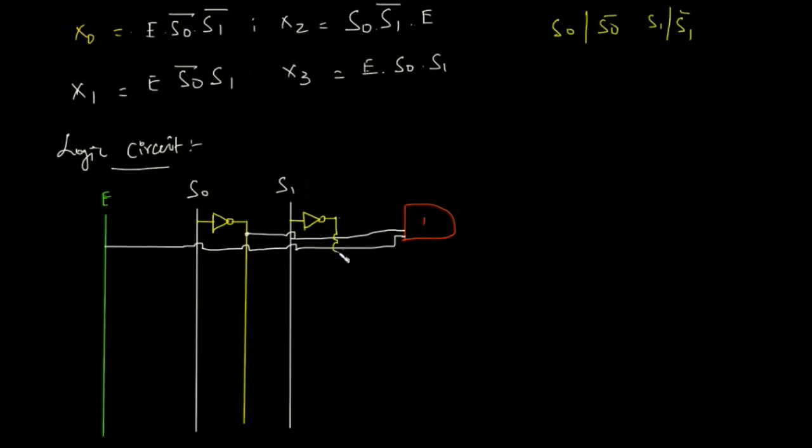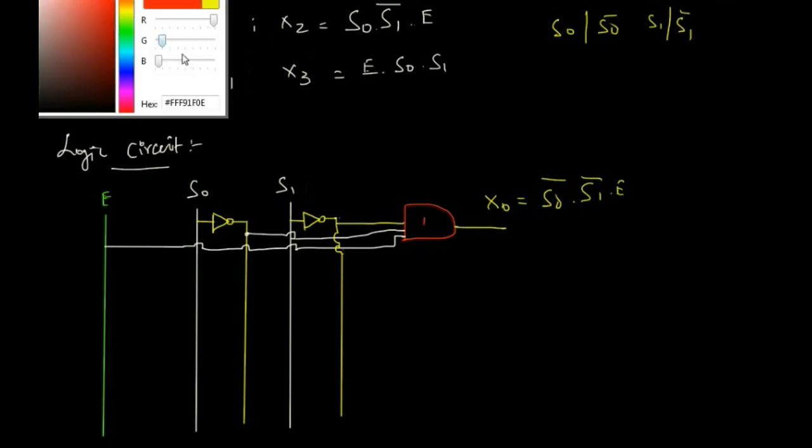Raise this to the bottom and put it below. So you can take a tap to this. So this gives you X0, which is equal to S0 bar S1 bar dot E, right.